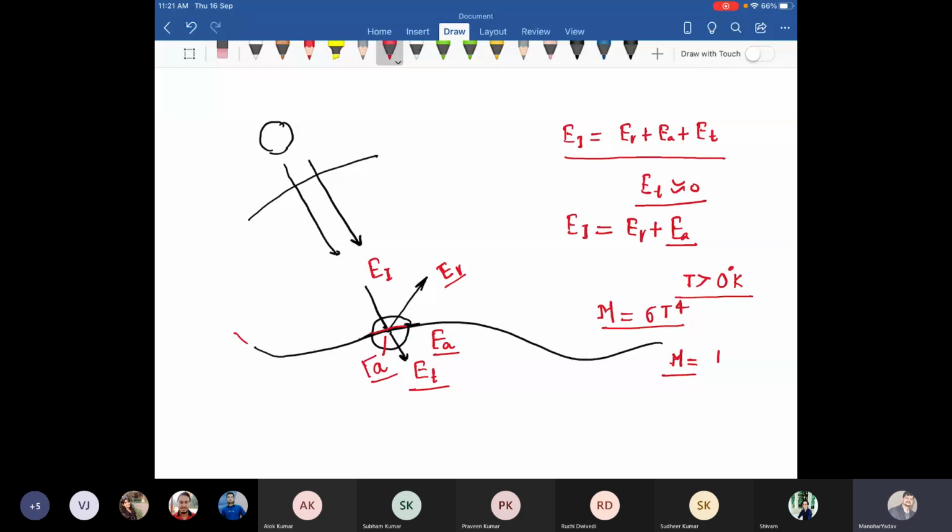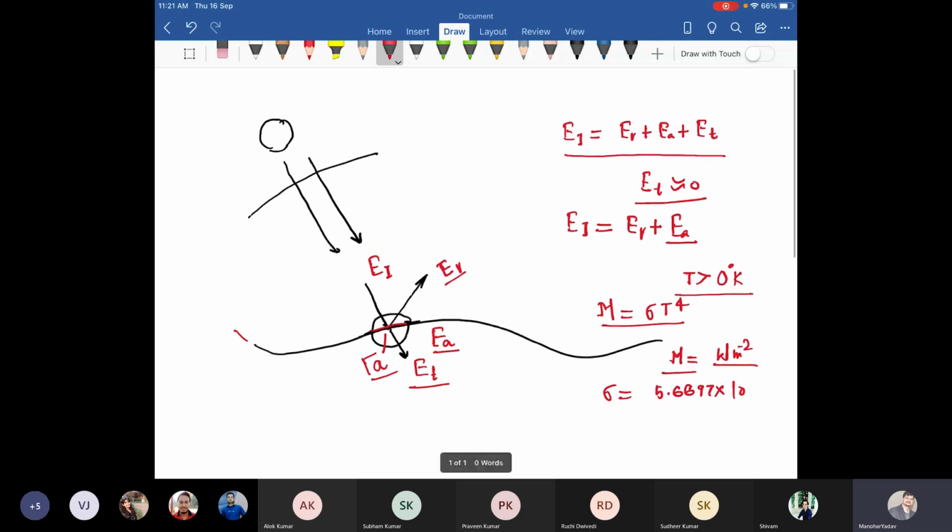It is measured in watt per meter square, as we discussed before. Now the sigma over here is a constant. We call it the Stefan-Boltzmann constant, and its value is 5.6697 into 10 to the power minus 8, and the unit is watt per meter square per Kelvin to the power 4.